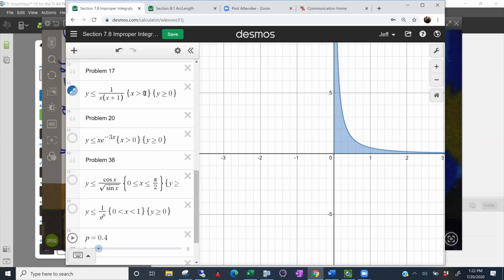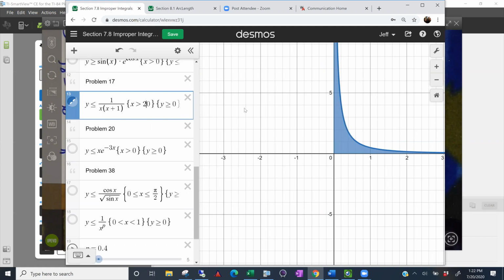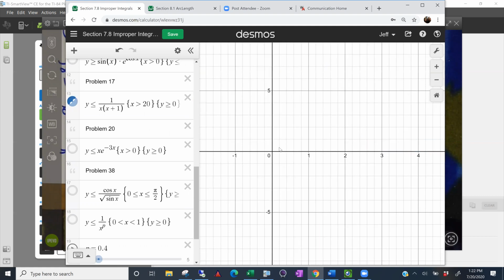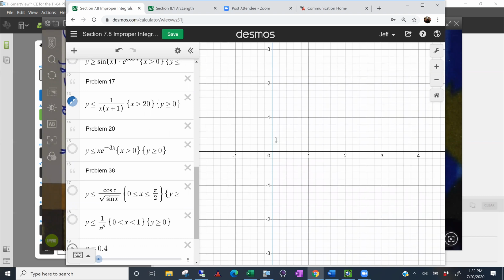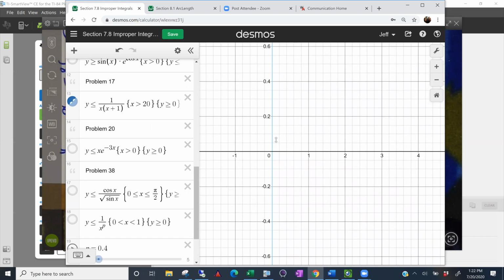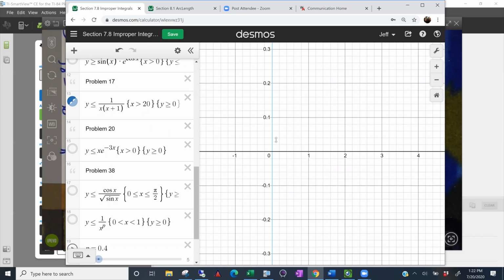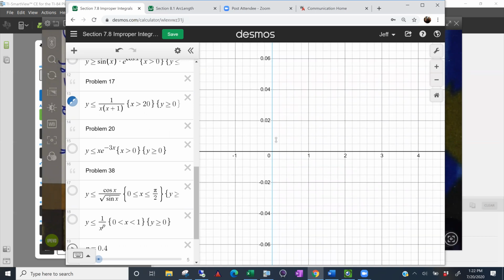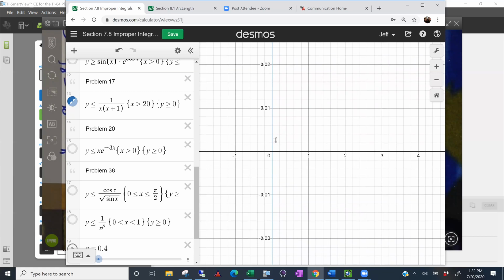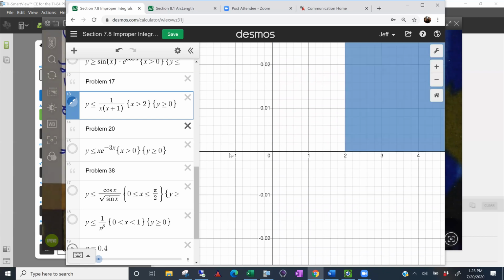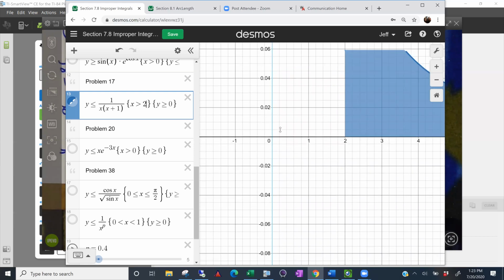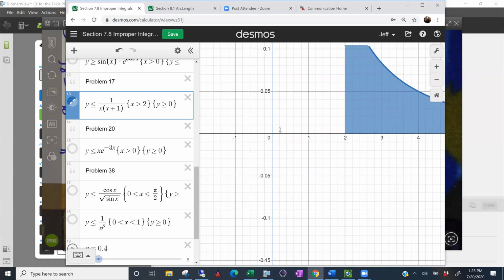That's x greater than 2. Again, we're getting pretty small. Oh, I put x greater than 20. I wonder why. 2. There we go. I didn't think it was going to be that small. But what we're looking for is the area underneath this curve and the x-axis between 2 and infinity.